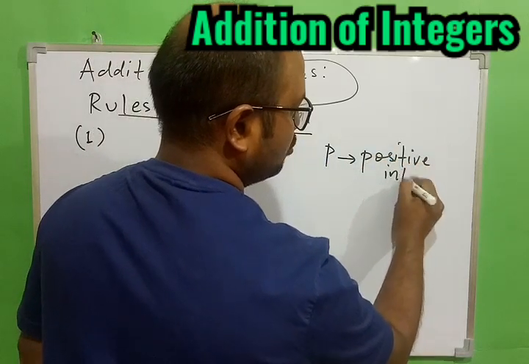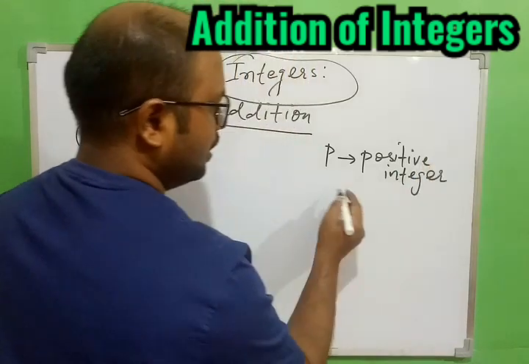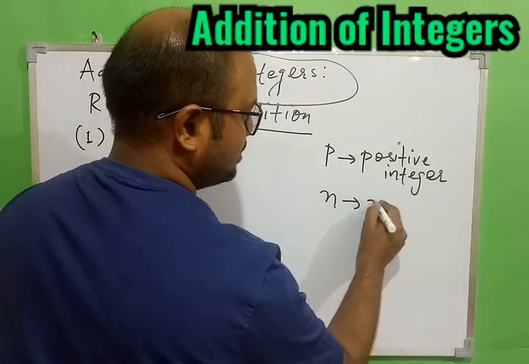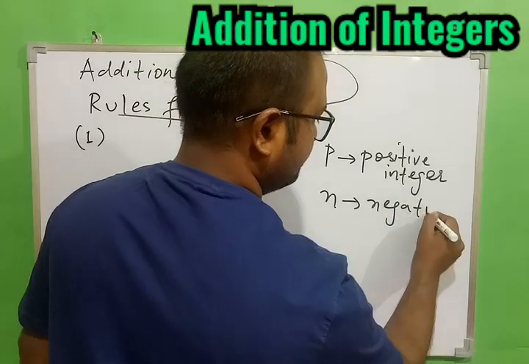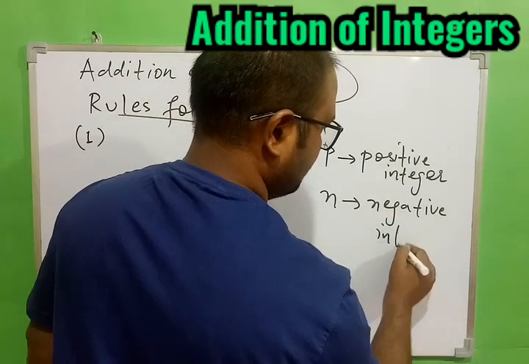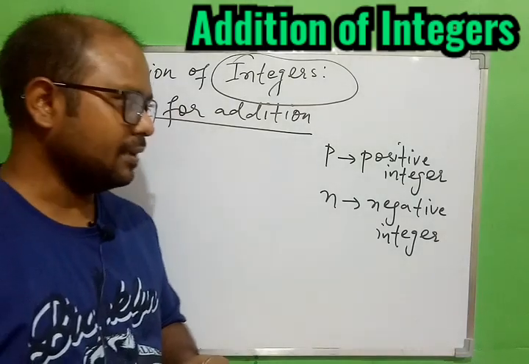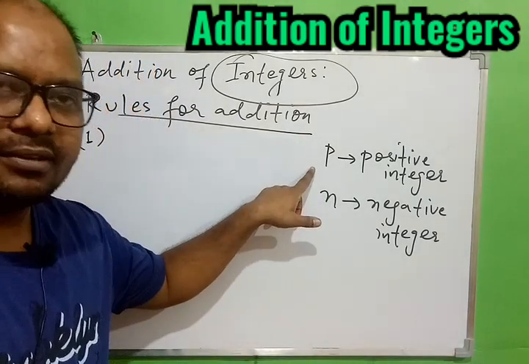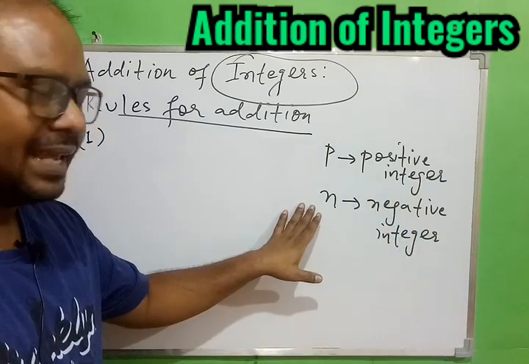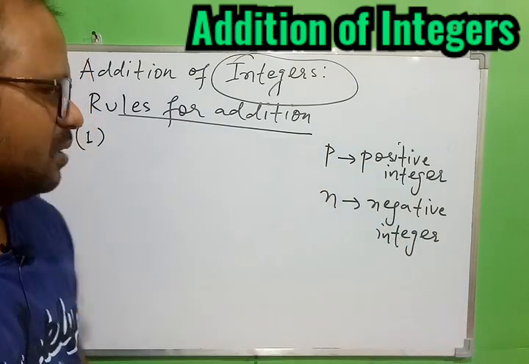If I write n somewhere, I am talking about negative integer. Because writing positive, negative all the time will take time. So from now onwards, if I write p, it means a positive number. If it is n, it is a negative integer, simple.